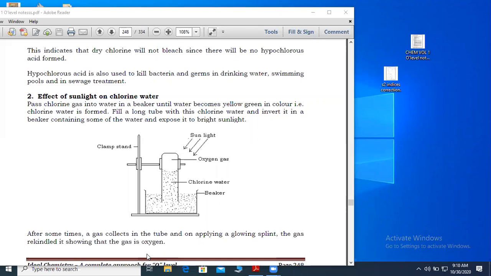Whenever bubbles are given out, there is also effervescence. After the lesson, just buy a bottle of soda and open it. You will see the bubbles being given out, but at the same time, there will be effervescence as soon as you open the bottle. So the observation was effervescence.